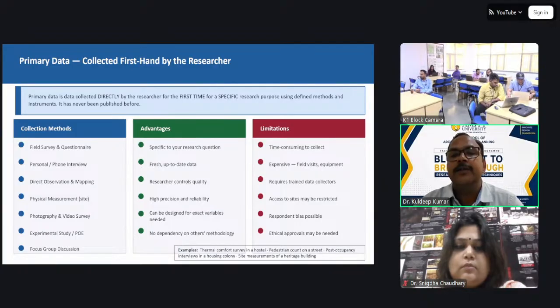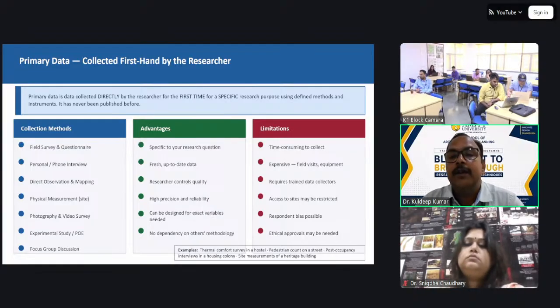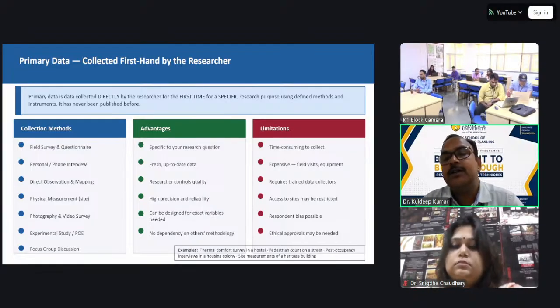You can get primary data from telephonic interviews, direct observations, behavioral mapping, field surveys, questionnaires, post-occupancy evaluation, physical measurements, and also focused group discussions. Each of these methods puts the researcher directly in contact with the phenomenon being studied.